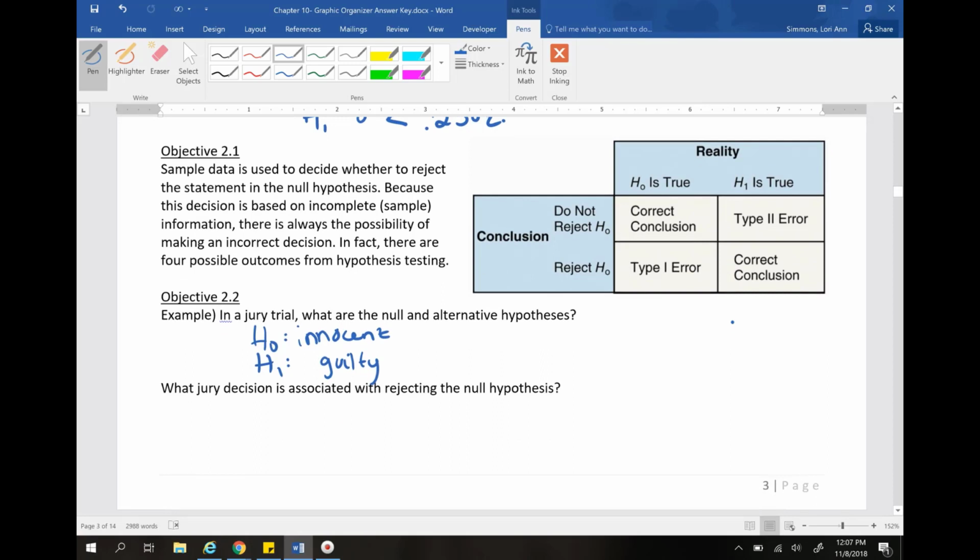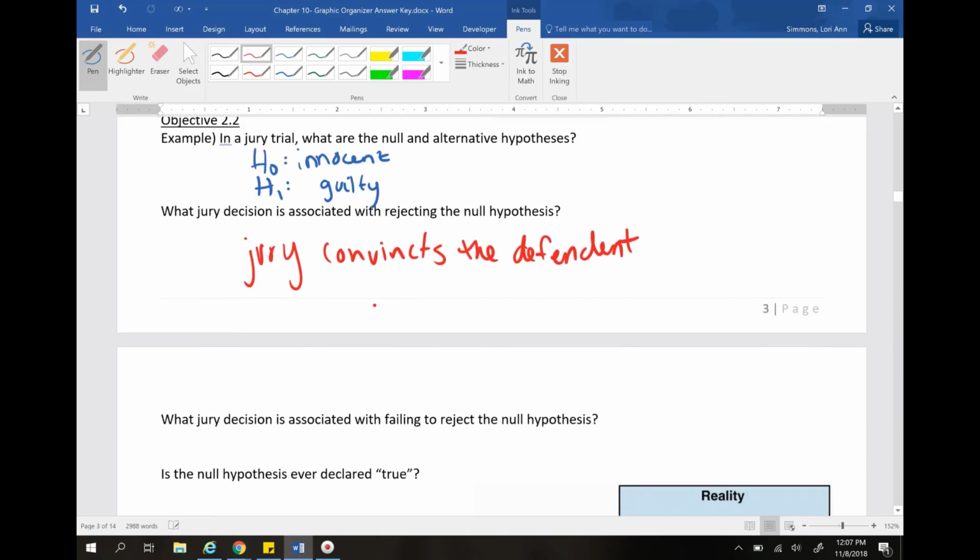So what jury decision is associated with rejecting the null hypothesis? So if we reject the null, then we're saying the jury convicts the defendant. And then what jury decision is associated with failing to reject the null hypothesis?